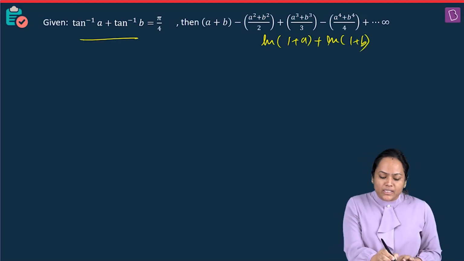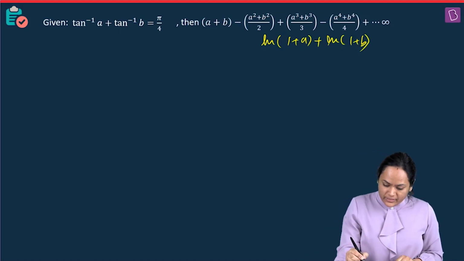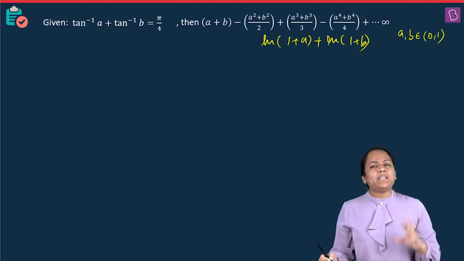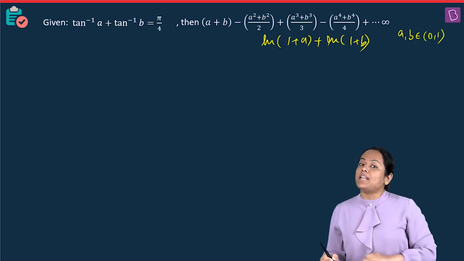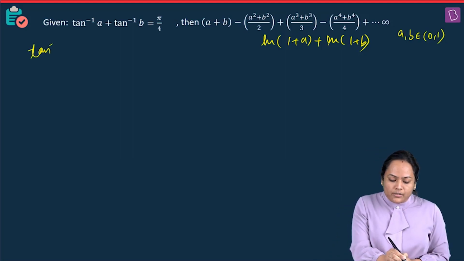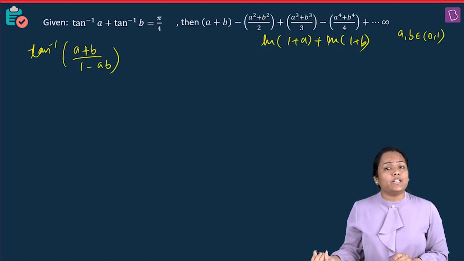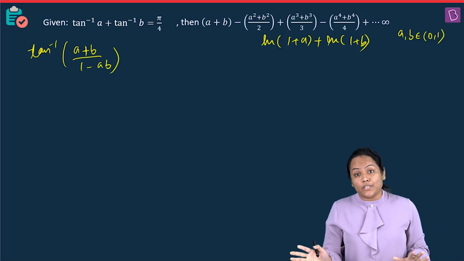Now, they have mentioned tan inverse a plus tan inverse b is equal to pi by 4, and obviously a and b are lying between 0 and 1. So that means I can apply the tan inverse x plus tan inverse y formula, right? So it's going to become tan inverse of a plus b upon 1 minus ab. This is the only condition; there will be no other condition.